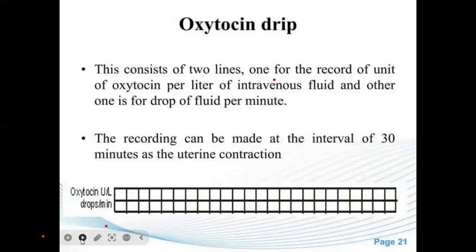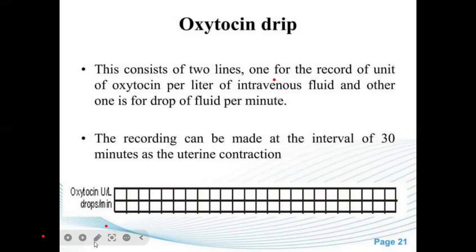Now the next column below the graph is about the oxytocin. I already told you oxytocin is given for augmentation, to increase the contraction frequency. So here you need to write about the drops, whether oxytocin of 2 international units, and how many drops.